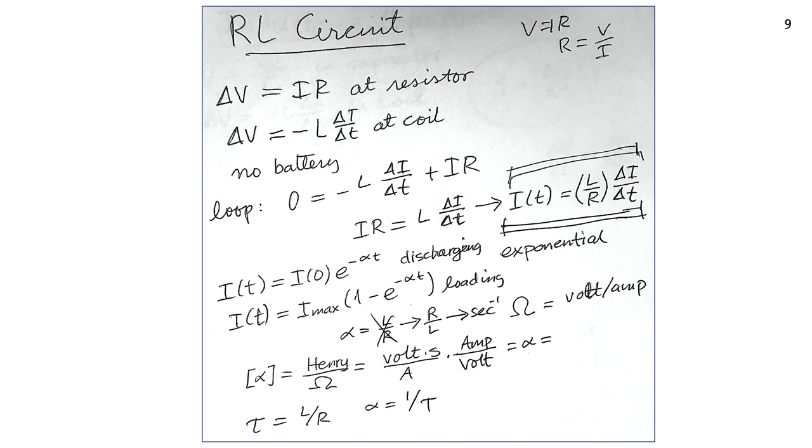And if you look at that carefully, you'll see that IR is equal to L times delta I over delta T. And we can do one more move here, get the R over to the other side. And that is I of T equals L over R, those are both constants, times delta I over delta T.